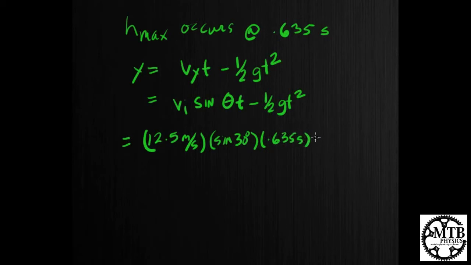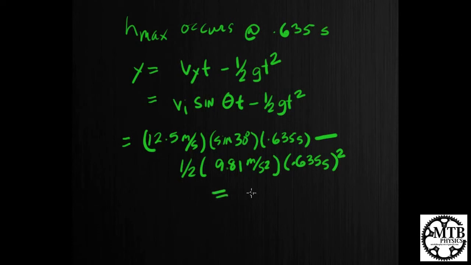Subtract from that 1/2 times 9.81 meters per second squared, that's acceleration due to gravity, times 0.635 squared. Answer, 1.99 meters. Our rider should be able to achieve a maximum height of 1.99 meters.